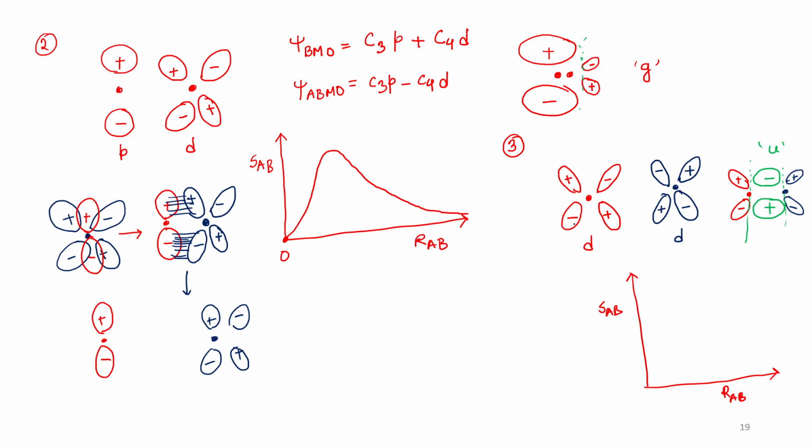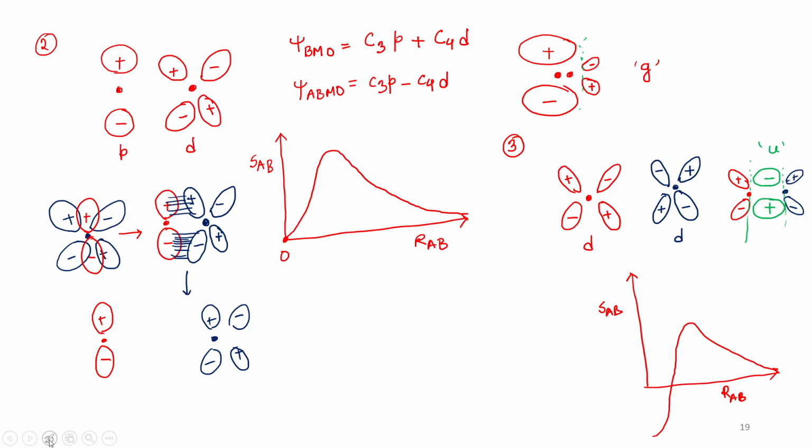From negative it will come to positive and reach a maximum value, and then when the distance is very far, it is again going to come down. So the plot will start from negative, come to a positive, and then again go something like this.